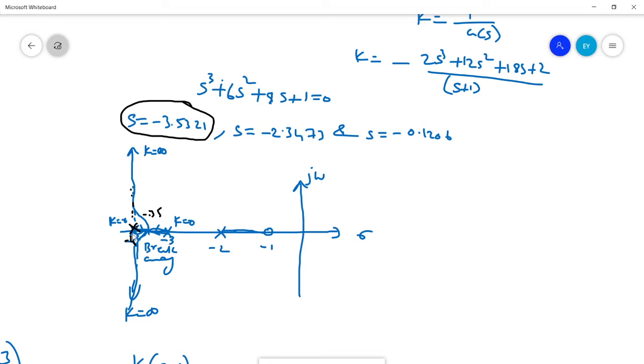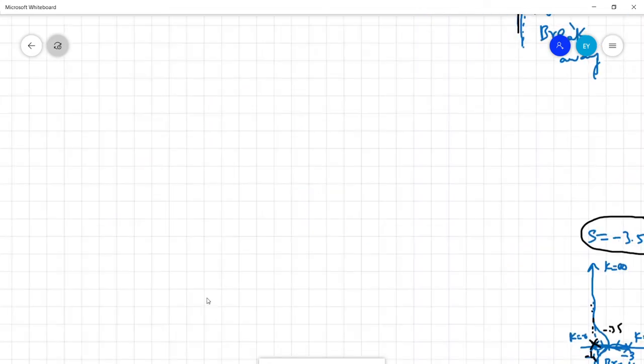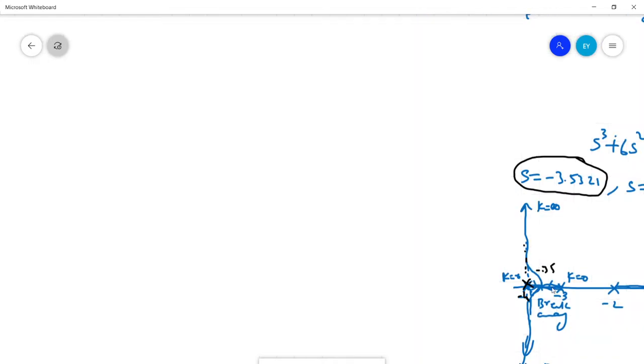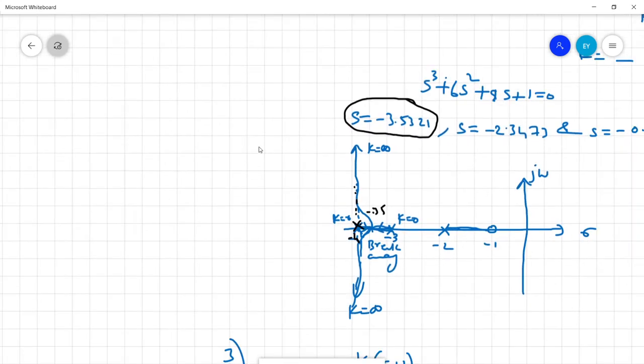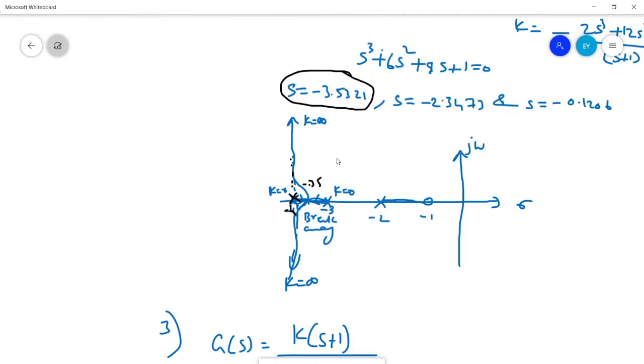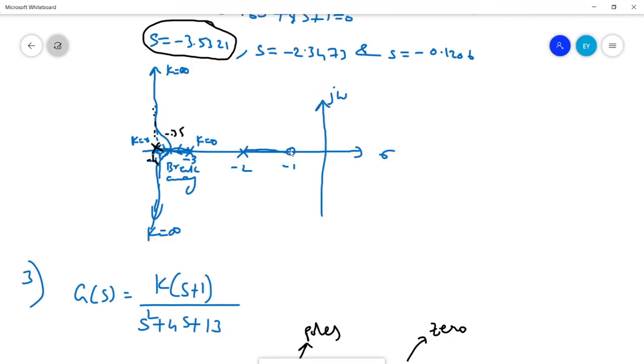When it is traveling from minus 4, what angle it will make with respect to the real axis is given by the angle of asymptotes, right? That is how we get the angle of asymptotes, the breakaway point, and everything has a purpose here. All the rules actually have a purpose.